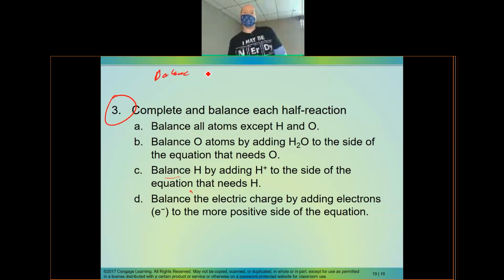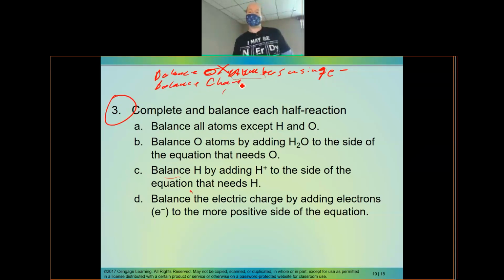All right, so in number 3, I balance the oxidation numbers using electrons. So balance your oxidation numbers using electrons. Then you balance charge, and they use H plus every time, and if it's in base, then you add whatever it's. I'll show you how they do it.